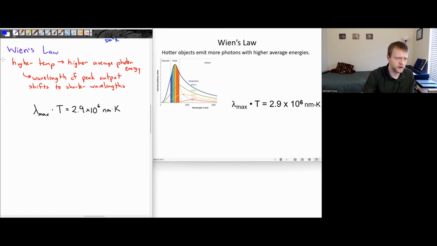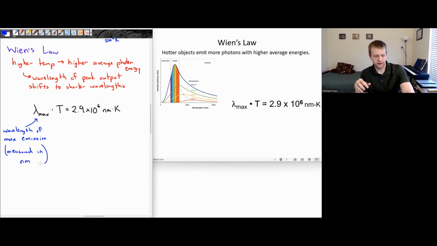So let me be very clear about this. This is the wavelength of max emission, specifically measured in nanometers. So this must be measured in nanometers. And just for reference, in the SI prefixes, nano means one billionth.